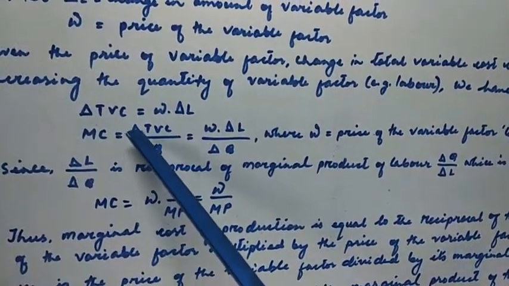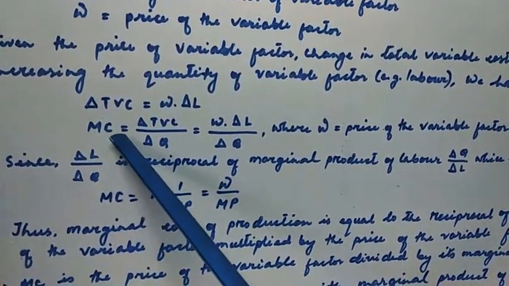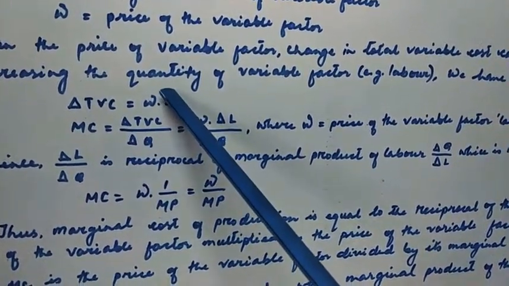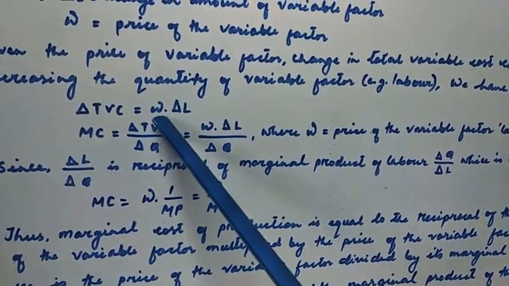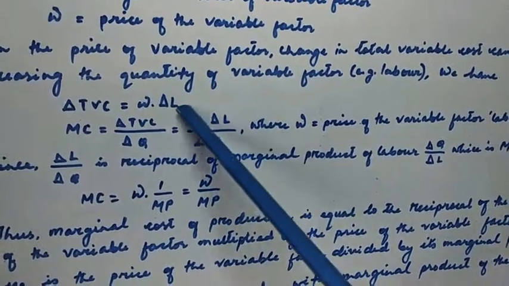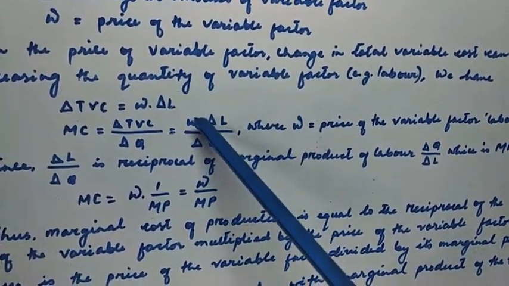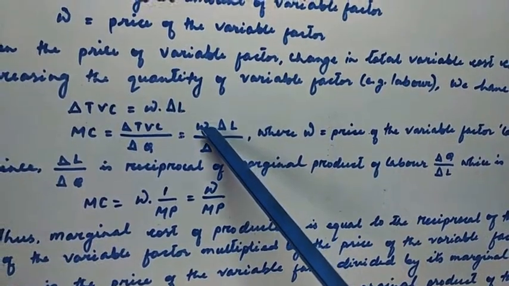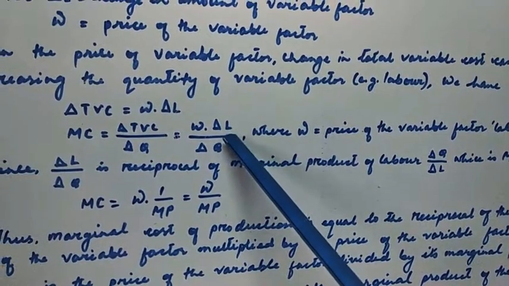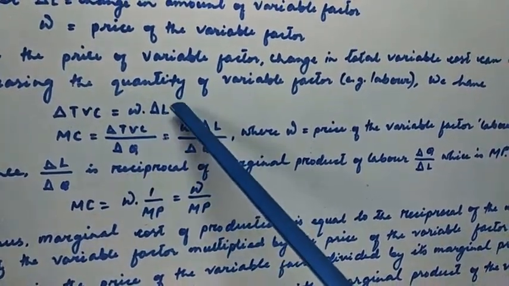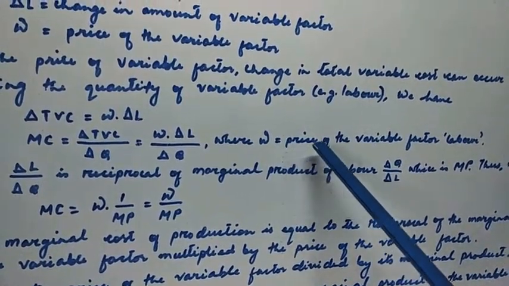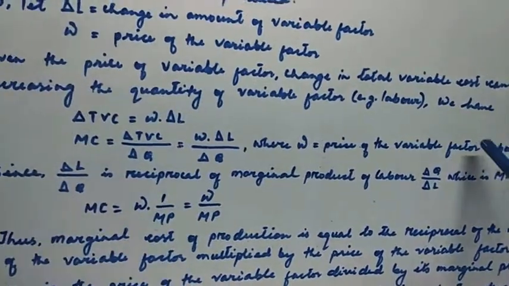Again we can further write marginal cost equals, substituting this value, the price paid for the variable factor into delta L divided by change in Q. After substituting, we have this at the end, where small w stands for the price of the variable factor, that is labor.